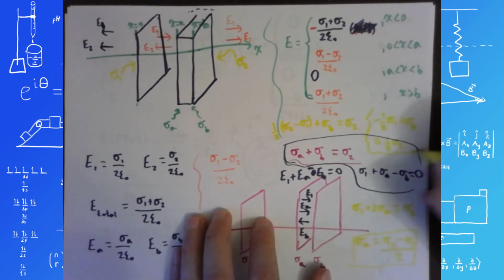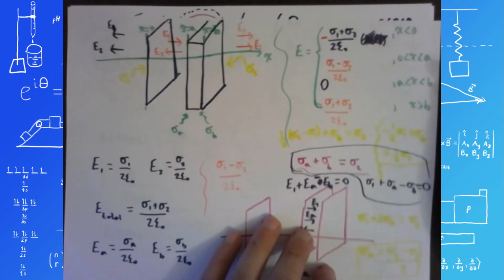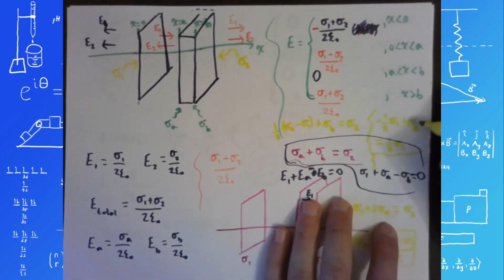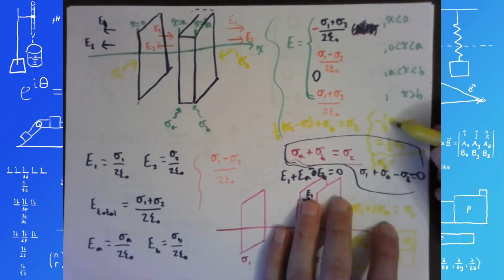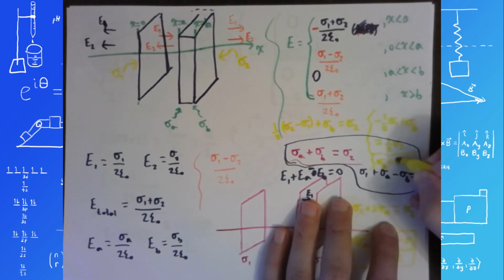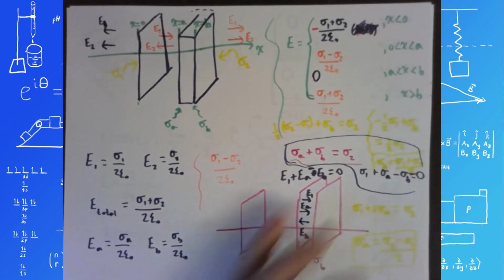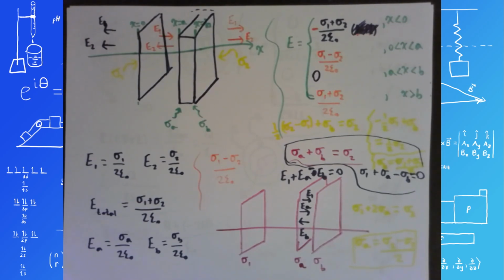Right? I'm going to have, oh boy, running out of space here, but I think I can squeeze it in. I'm going to have sigma B left behind equals half sigma 2 plus the half sigma 1 after you add it over equals sigma 1 plus sigma 2 all over 2. Yeah, I probably shouldn't have tried to squeeze it all in there, but I guess I'll rewrite both expressions over here for added clarity.